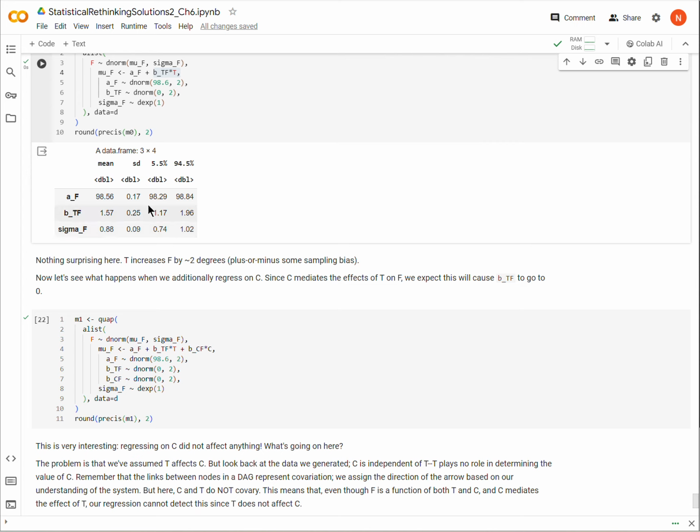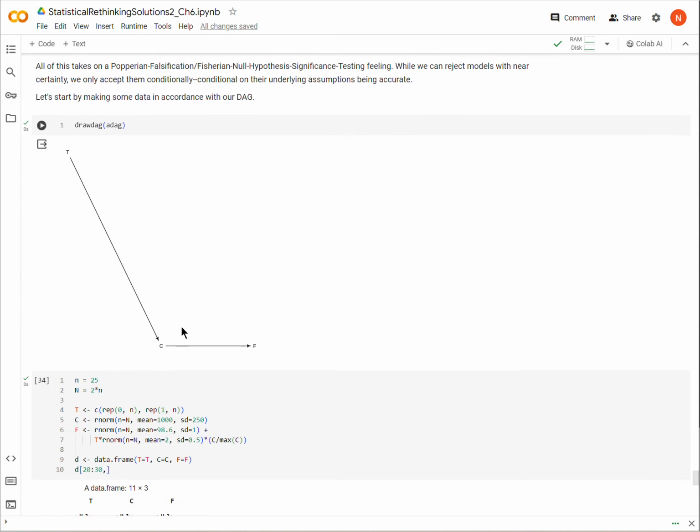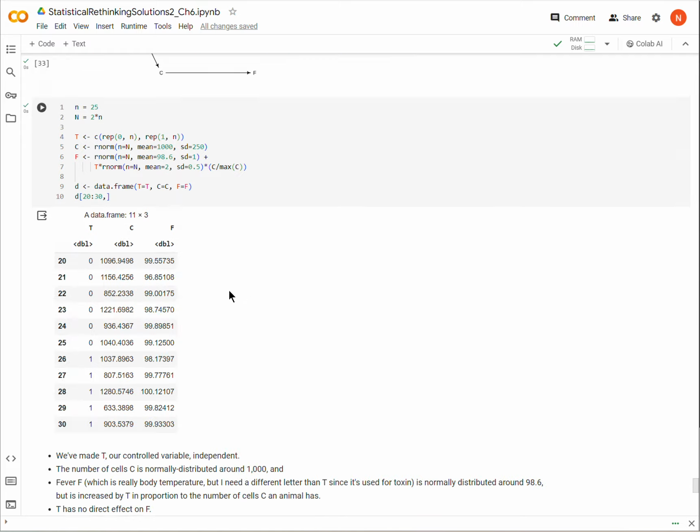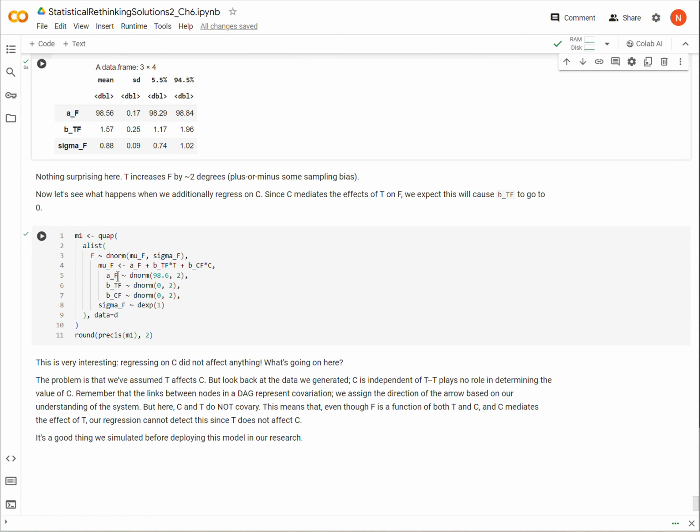Well, that's fine, but that's not really the interesting regression. The interesting one is what happens when we regress on C. Remember that we're expecting that if I regress on C, then the beta coefficient for T on F is going to go to 0, and all of that effect, or most of that effect, is going to be absorbed by the effect of C on F. So that's what we have here.